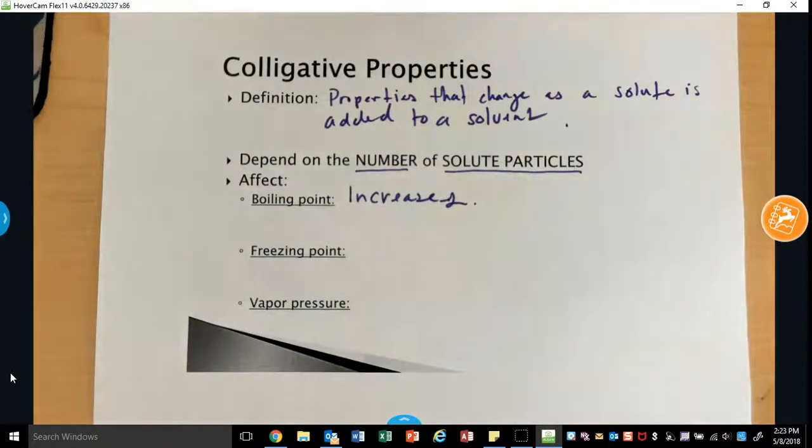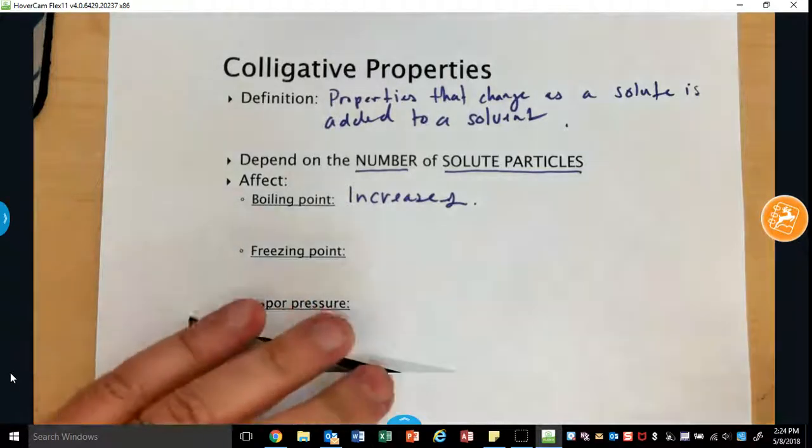When we separate those molecules, we have to break the intermolecular forces, which arise from positive and negative charges being attracted to each other. When you add salt to water, you're increasing the total amount of positive and negative charges, so you're increasing the total intermolecular force, and you have to put more energy into the water to make it boil.